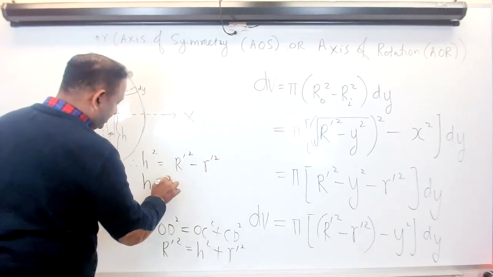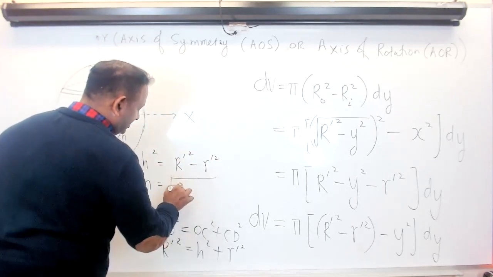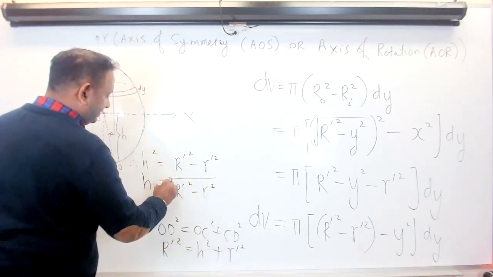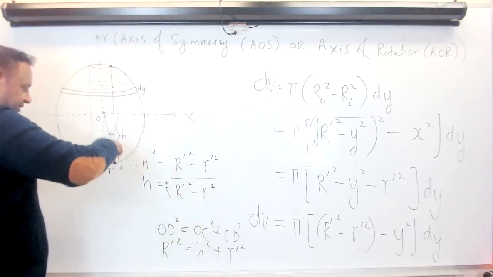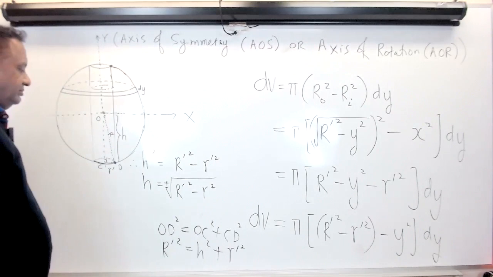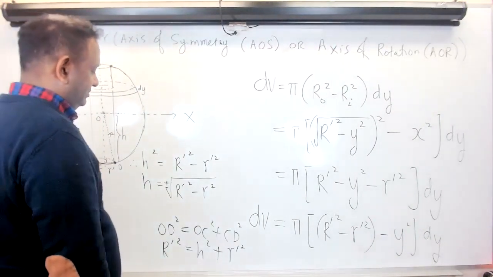Therefore, H is the square root of R prime squared minus R squared. Actually, you're going to have a plus or minus to indicate this side and that side. You can put it like that.